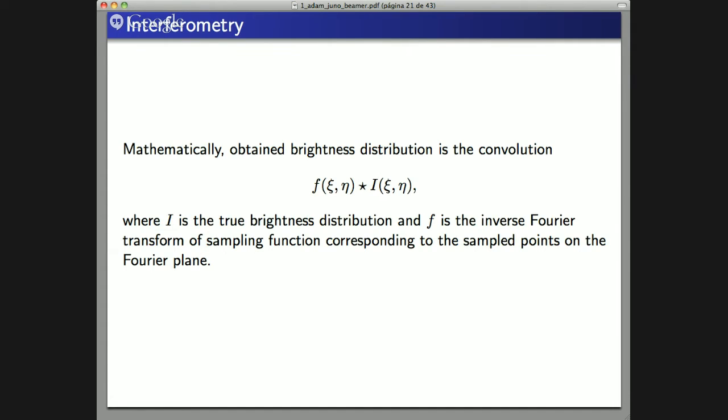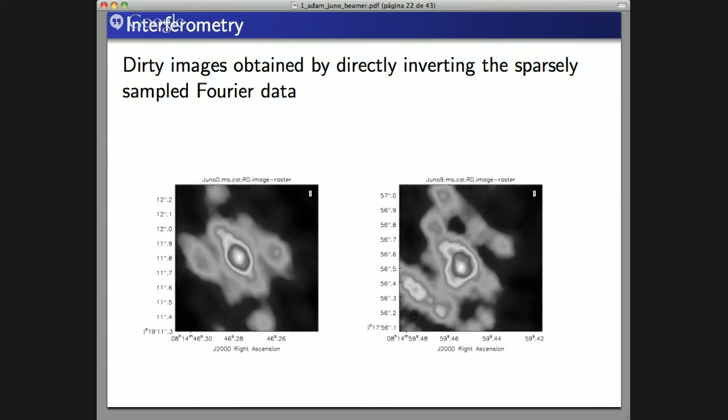Here are some sample dirty images of Juno. This is real data from ALMA. So here we see the actual shape, and then everything else is due to sparsely incomplete Fourier samples.